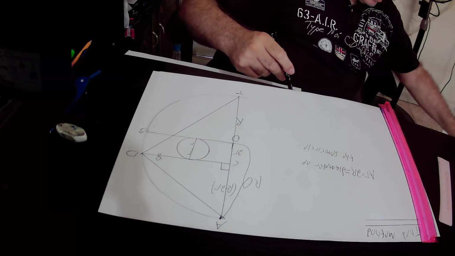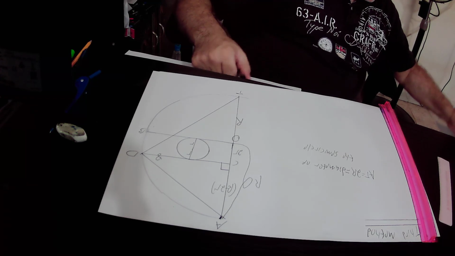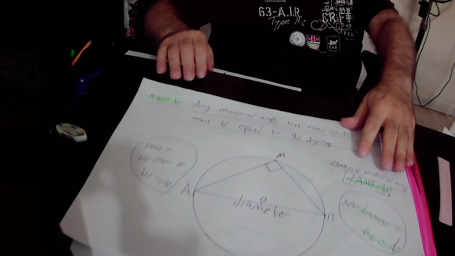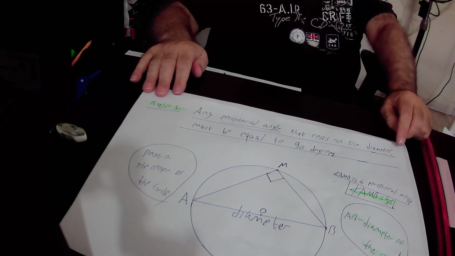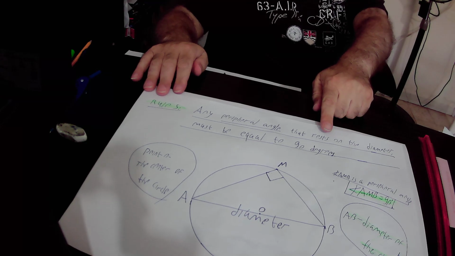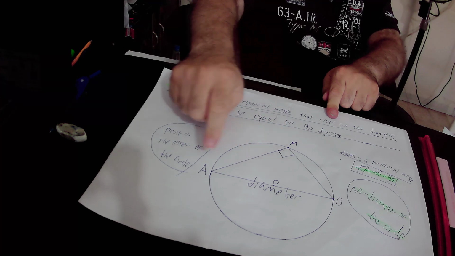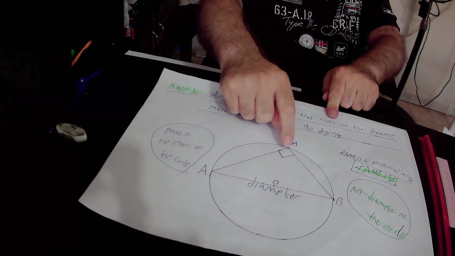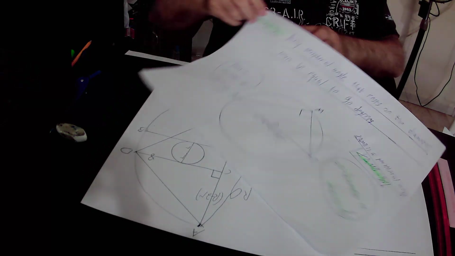And we actually have rule number 5. According to rule number 5, any peripheral angle that rests on the diameter of a circle or semicircle must be equal to 90 degrees. So here we have peripheral angle ACB that rests on AB, that is the diameter of the circle, therefore peripheral angle ACB equals 90 degrees according to rule number 5.